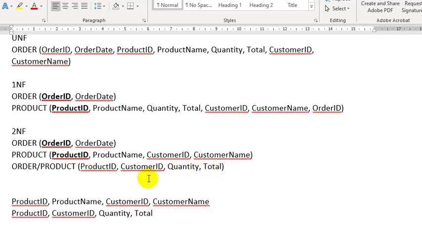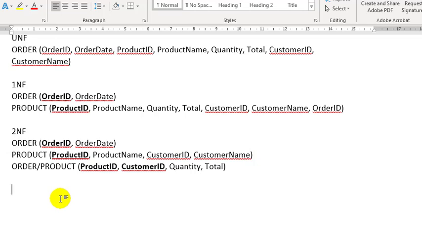So the product ID and customer ID are the primary key. Alright, done with the second normal form.